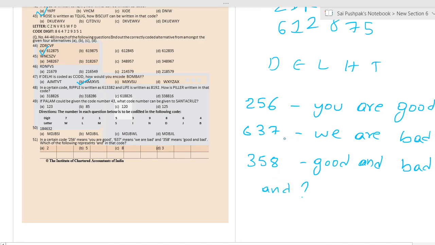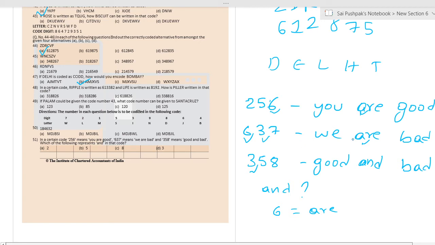So guys, if you see the first and second numbers, 256 and 631, what is the digit which is the same here? It is 6, right? What is it that is the same in the first and second statements? It is nothing but 'are'. So we can conclude that 6 equals 'are'. Similarly, in the second and third one, what is similar? 3 is similar, right?